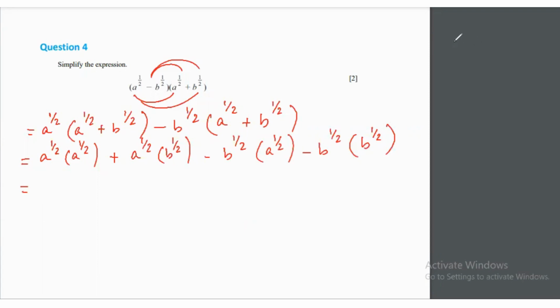If you remember, one of the rules of indices is that when you are multiplying two similar bases with different powers or the same powers, the powers get added to each other.